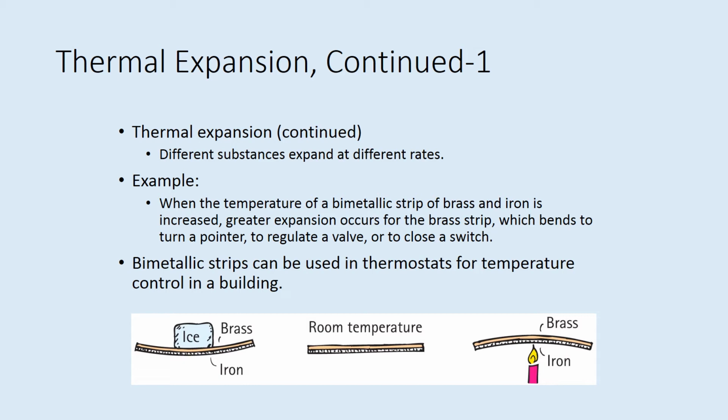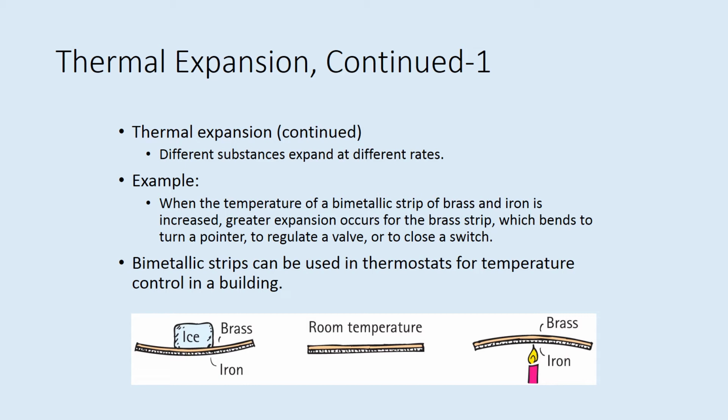But the basic idea here is that we know that different materials will expand in their length or their area or their volume, but in this case we're talking about length, will expand their length at different amounts for different materials. If they both undergo, we will say, an increase of 20 degrees of temperature.